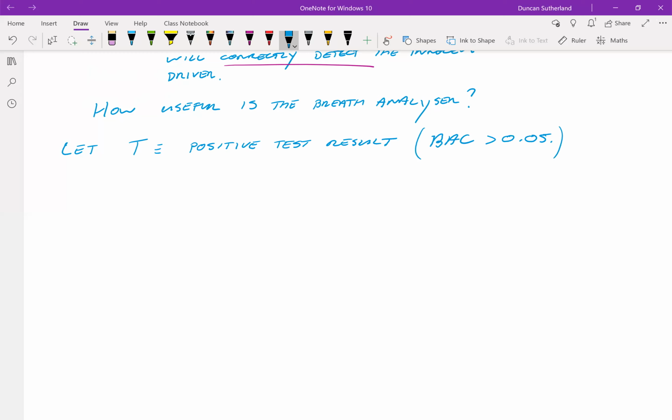Let's also write D for actually drunk. So that's the driver is actually truly over the blood alcohol limit. So T should be measured, and D is actual.